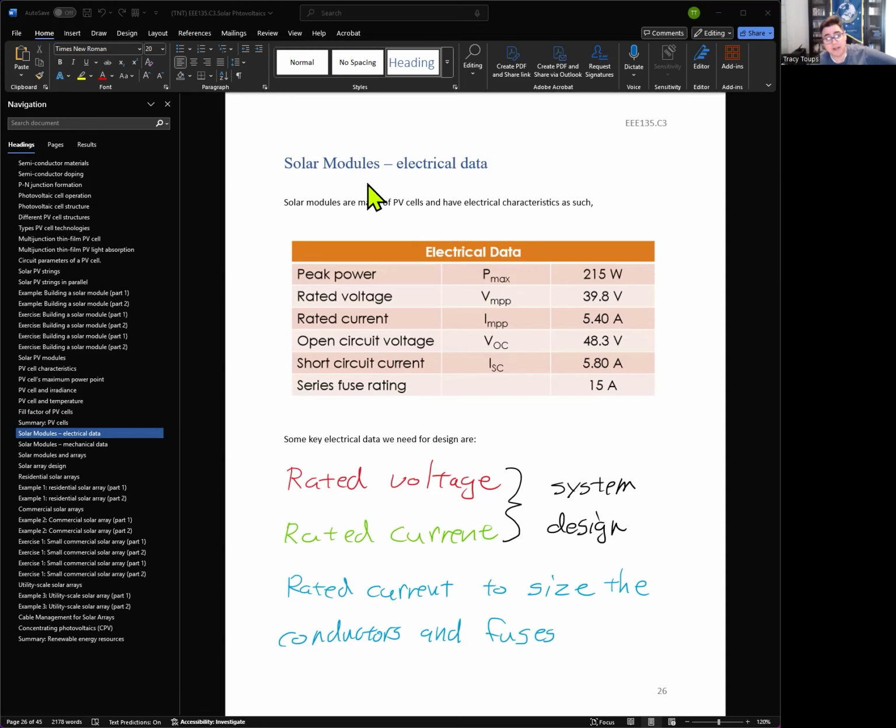First thing we need to look at is a solar module. This is typically the unit that you're going to purchase whenever you're designing and specifying. In the electrical industry, we don't really buy individual cells and piece them together. If you work for a solar manufacturer, you would, but you typically design that all in-house and then put it all together as a package unit.